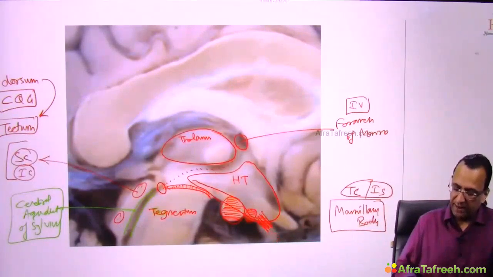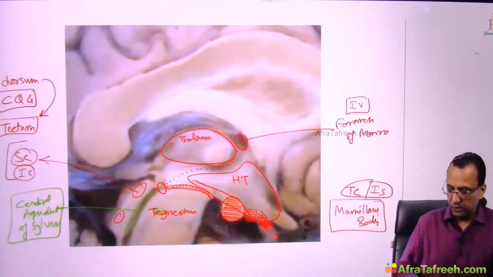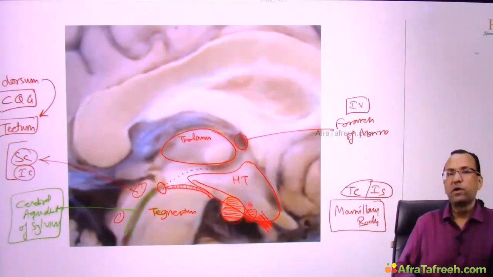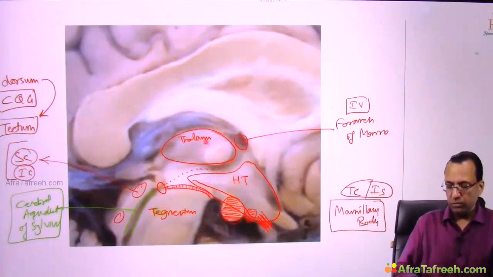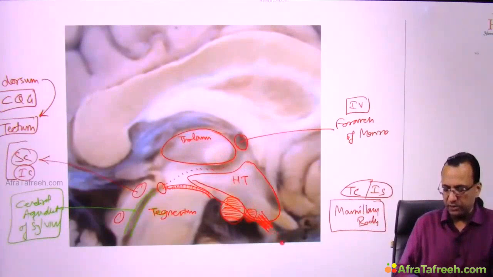We'll make a diagram for that. You are telling that posterior pituitary neurohypophysis is a downward extension of the diencephalon part of the brain? Yes, downward extension of the diencephalon part of the brain is posterior pituitary. So it's attaching here and there is some infundibular stalk, pituitary stalk. We'll draw a diagram for that.